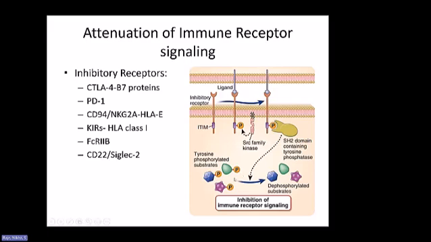That will lead to dephosphorylation of several different molecules in the cascade, and that will help in inhibition of that immune receptor signaling. So ITIMs get phosphorylated and then help in activation of phosphatases.